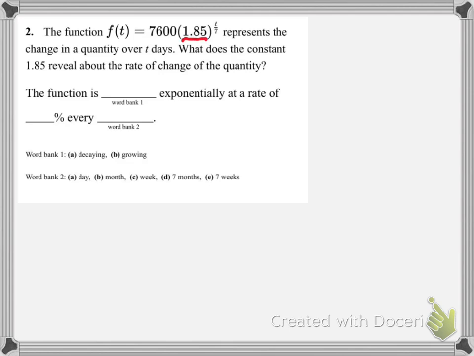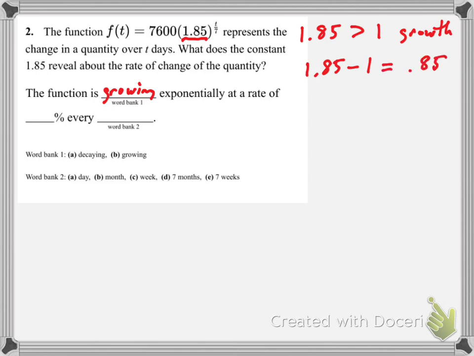Again, 1.85, bigger than 1, so it's growth. So our function is growing again. What's the rate? Well, 1.85 minus 1 is 0.85. Move the decimal point. So we have a lot of growth, 85%.